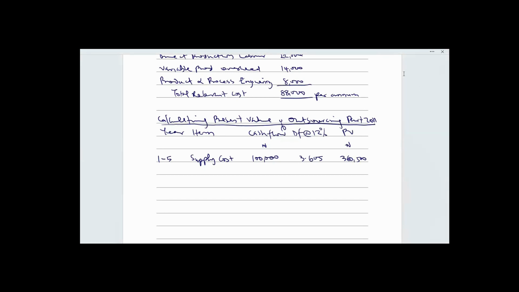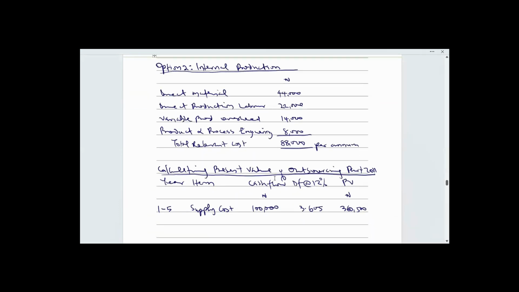I would then go back again to under outsourcing. The second item is matching disposal. There is a saving of 30,000 naira now. Now means year 0. Therefore, we need to account for that.